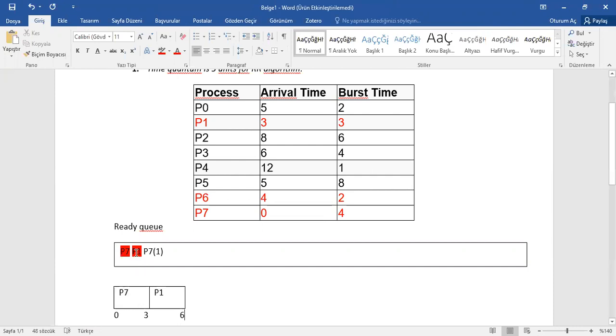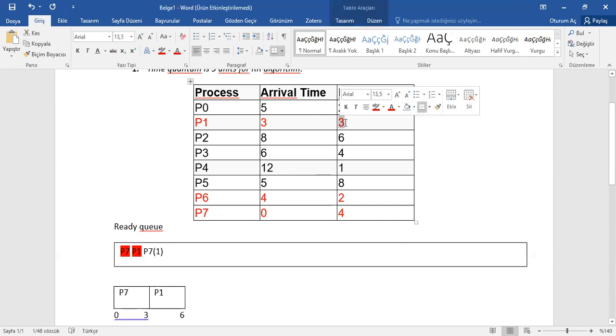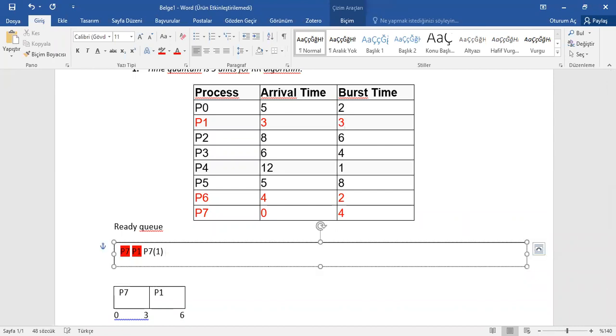Now, because P1's burst time is 3 nanoseconds as well, there is no remaining time. I mean, I don't need to put it back to the ready queue. But I have to consider which processes came when the time is 6.